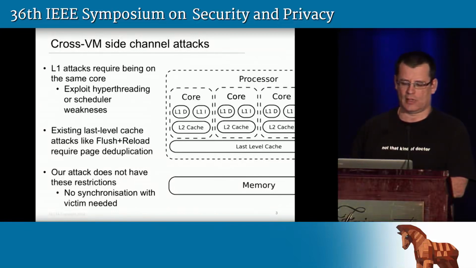And the only last level cache attack, Flush+Reload, requires memory duplication, and both of these are easily mitigated. Clouds tend not to use hyperthreading, and they do not provide shared memory or page duplication. So our attack does not have these restrictions, and in addition to the previous attack, our attack does not require synchronization between the attacker and the victim.